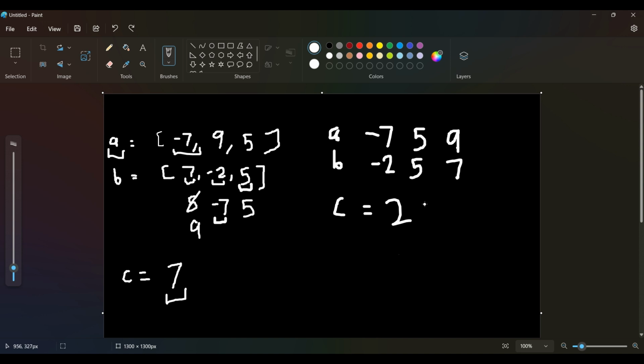Now what will be the cost of making minus 2 equal to minus 7? That would be 5, right? So it is 2 plus 5. You have to take the absolute difference. Now for 5 and 5, it is 0. And for 9 and 7, it will be 2.